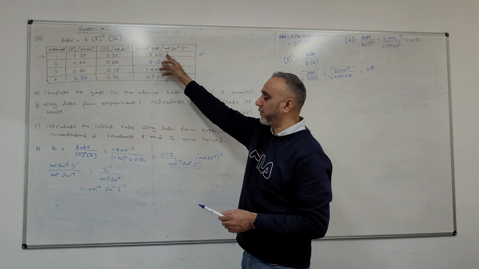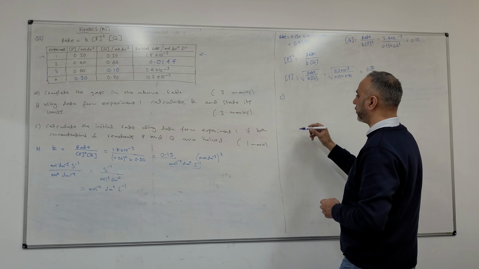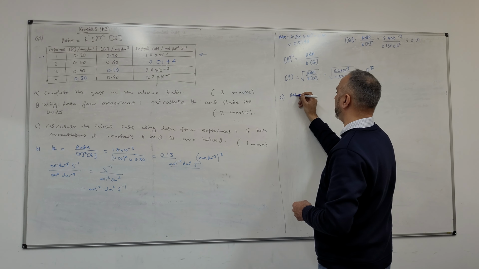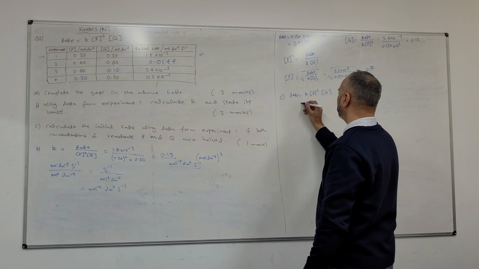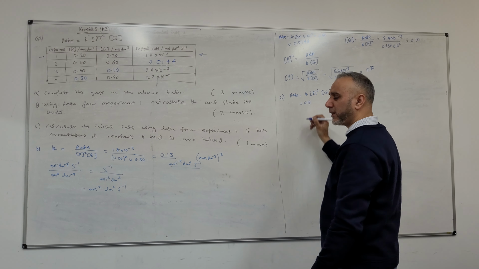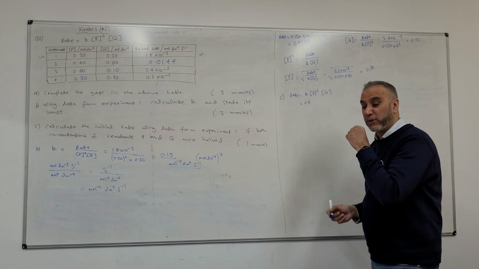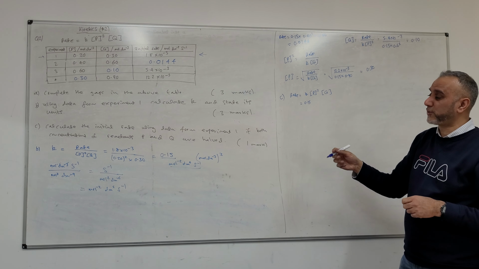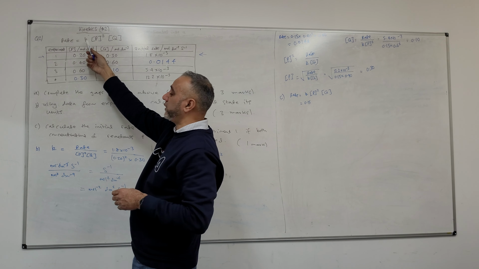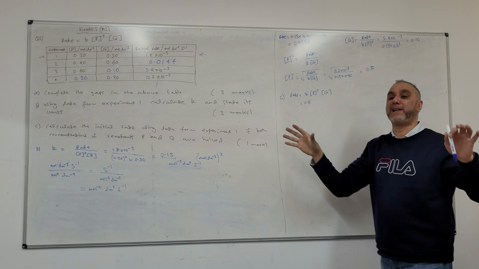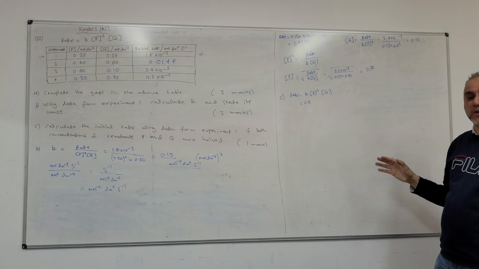So it ain't going to be that rate, is it then, if you're going to halve it? So what we do, we put the rate equation again, which was given in the question as K, concentration of P squared, concentration of Q. So K, will that remain the same, 0.15? Yes, because if you look at my theory, I said the rate constant is only temperature dependent, and I clearly said concentration has no effect.